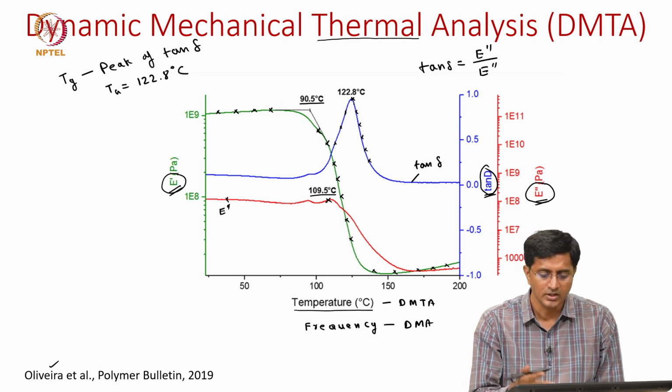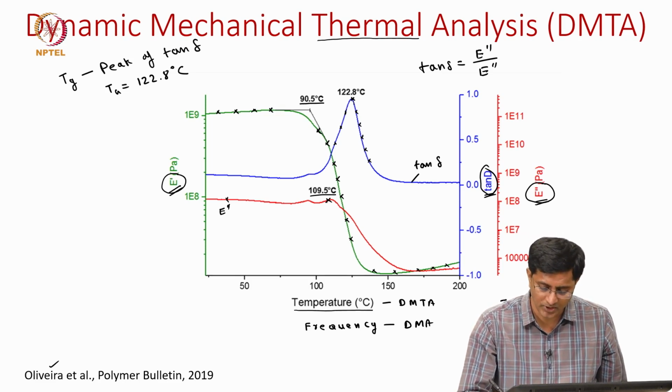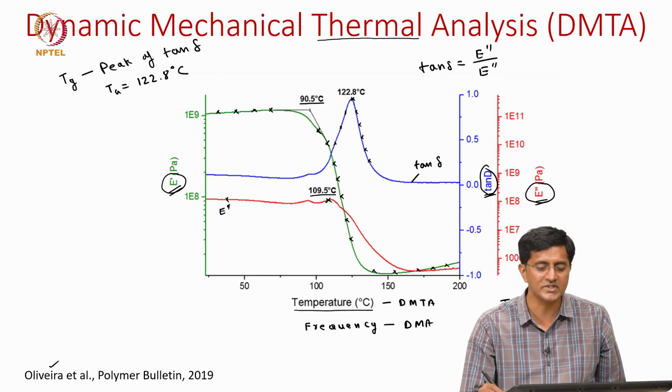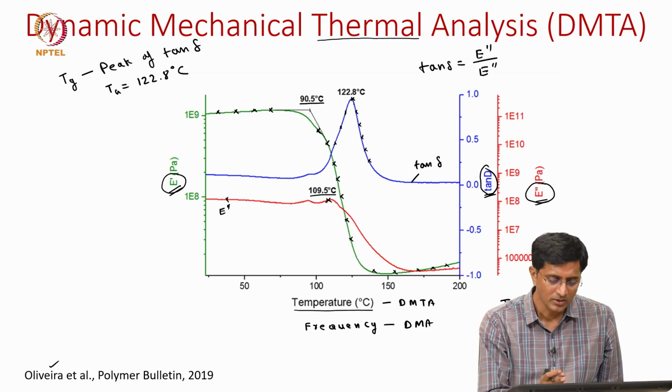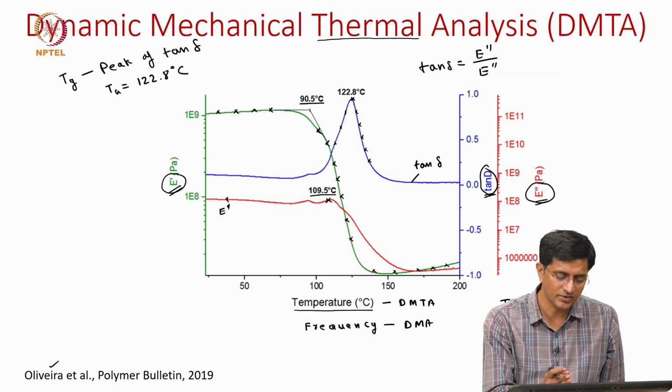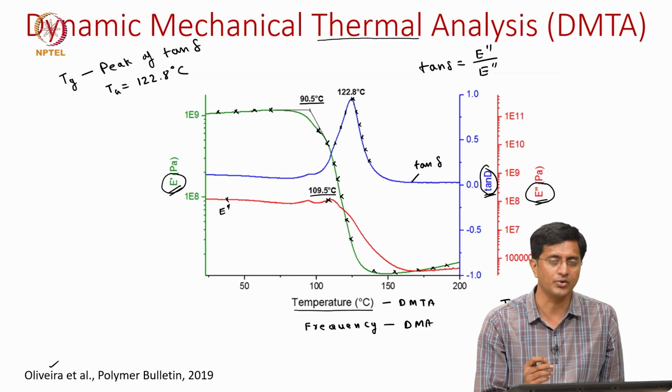So, when I say the glass transition of this epoxy is 122, I should also emphasize that this is based on the peak of tan delta. Without that there could be misleading conclusions, because by other definitions the differences are as much as 10 or even 20. Okay.